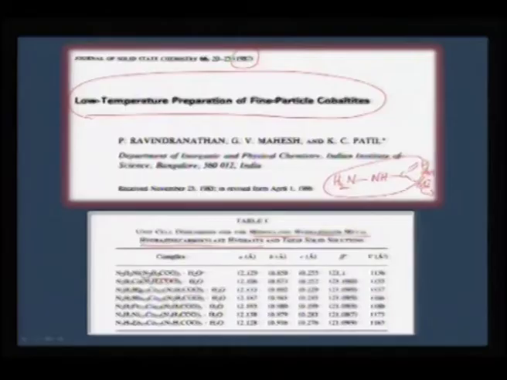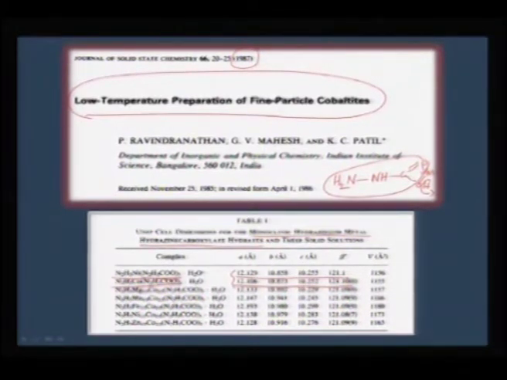For example, let us take the case of nickel hydrazine carboxylate ligand and cobalt hydrazine carboxylate ligand. If you look at the X-ray pattern and analyze the X-ray diffraction pattern, you can calculate the lattice constants and you would see the lattice constants are nearly the same.